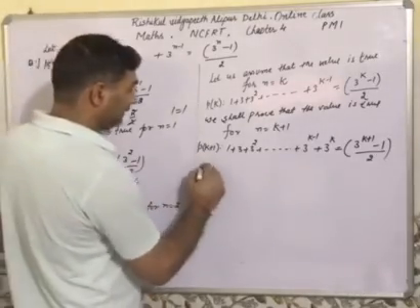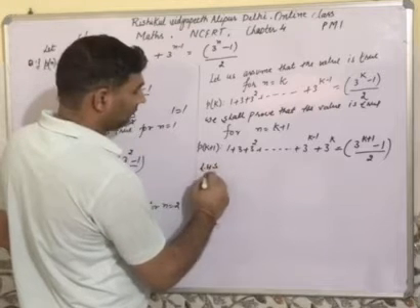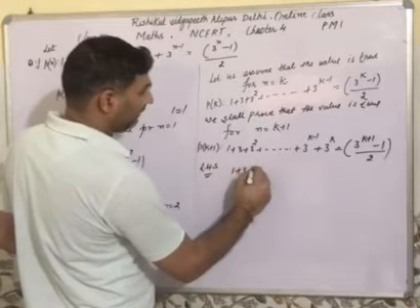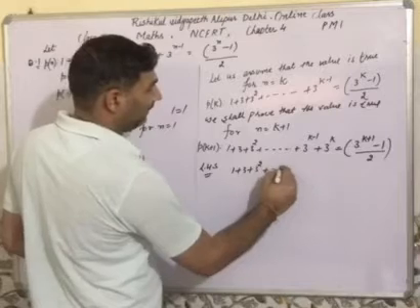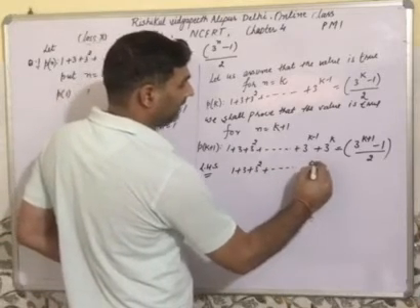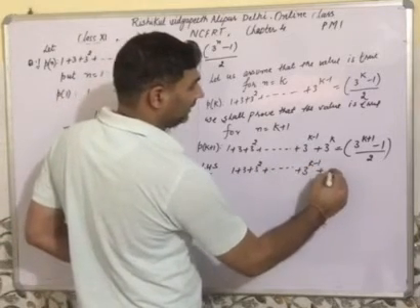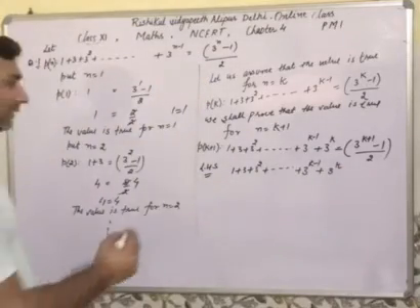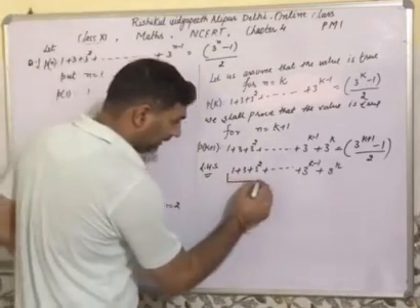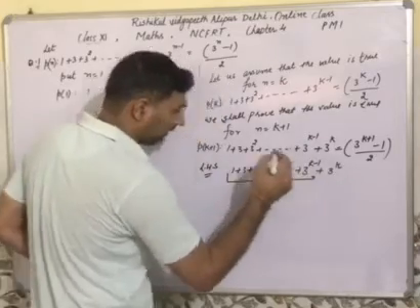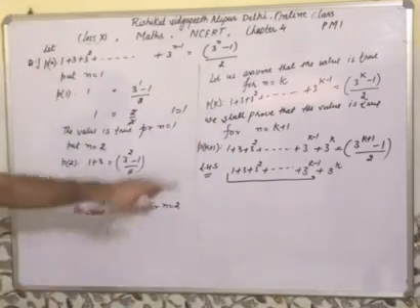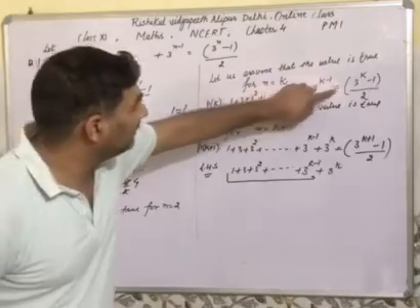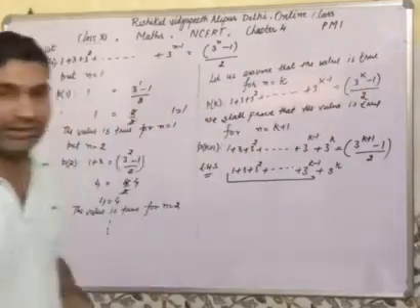Then left hand side, this left hand side is 1 plus 3 square and so on, 3 raised to power k minus 1 plus 3 raised to power k. In first this term 1 plus 3 square and 3 raised to power k minus 1, and this value is 3 raised to power k minus 1 by 2.